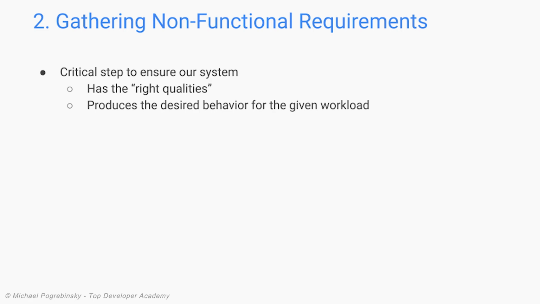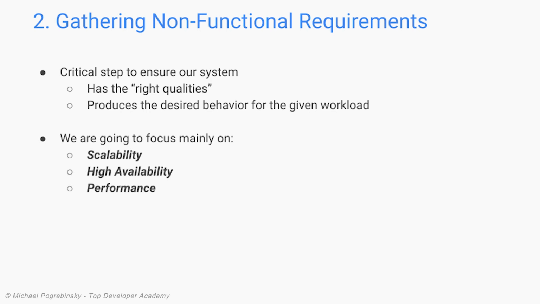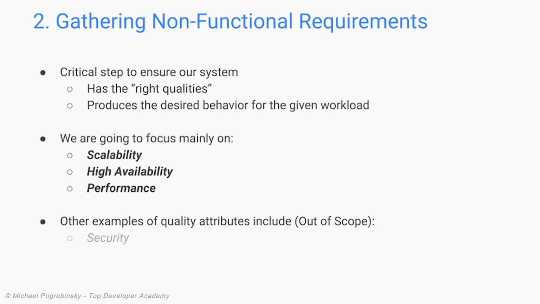There are many quality attributes that need to be considered for a real system, but in this course, we will mainly focus on scalability, high availability, and performance. Otherwise, if we try to address every possible quality attribute, such as security, observability, profitability, and so on, each design would take us 10 hours, and in the end, we wouldn't remember anything.